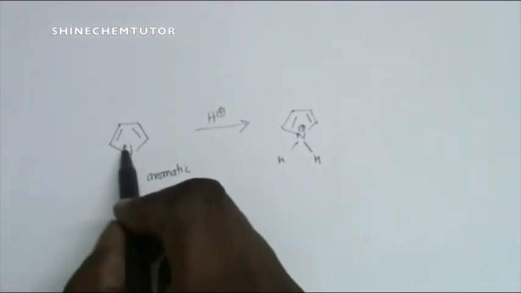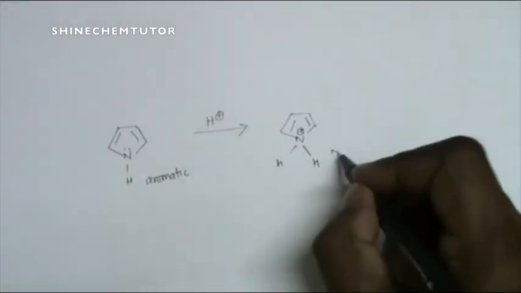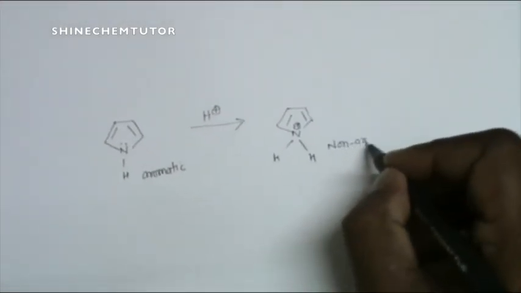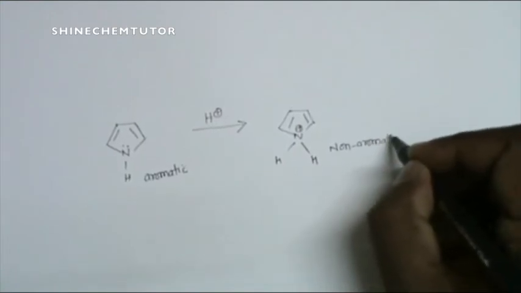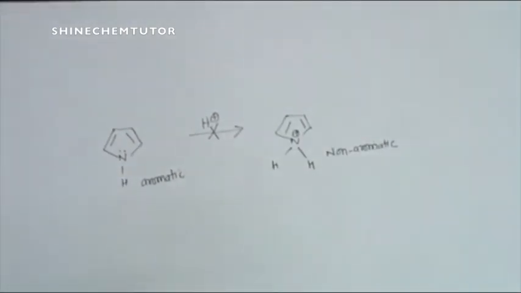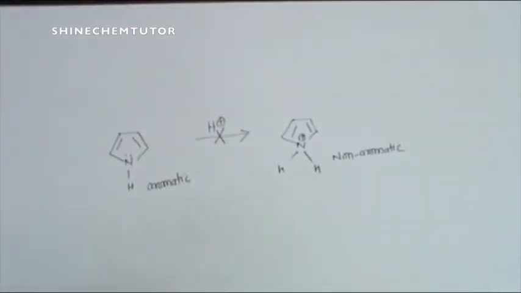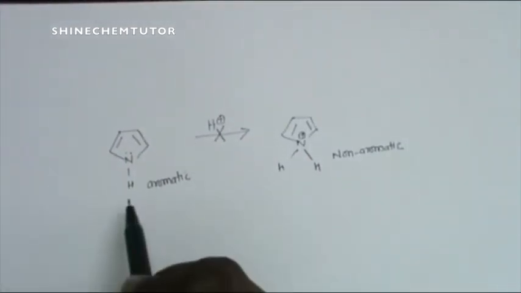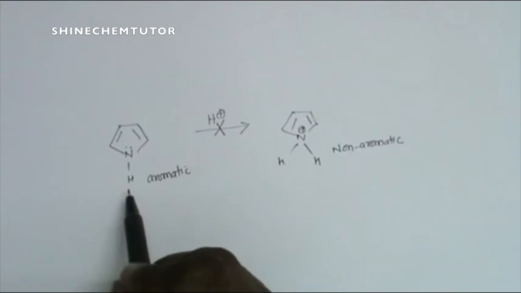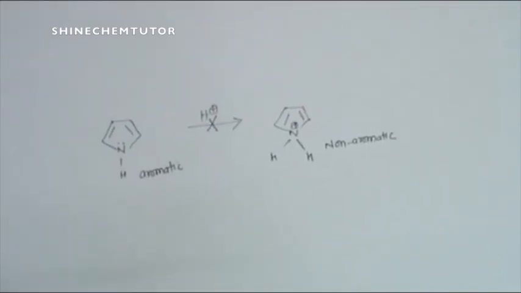You have to consider the lone pair of electrons on nitrogen also. This one is non-aromatic. So an aromatic compound will not prefer to become non-aromatic. So this reaction will not take place. The nitrogen lone pair will not take H plus to become this one, because during that reaction the aromatic character is lost. Because of that, the basicity of this nitrogen decreases.